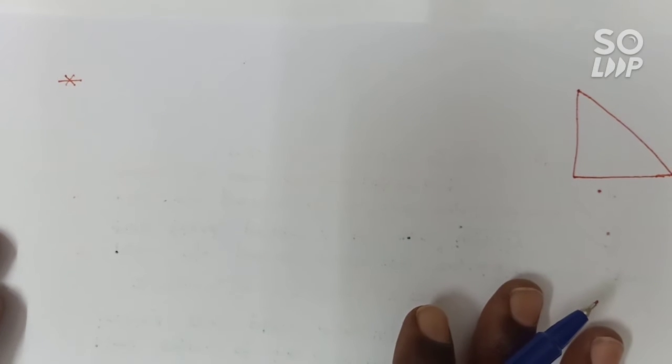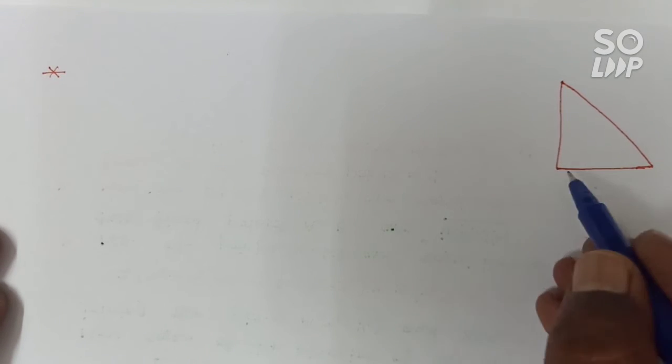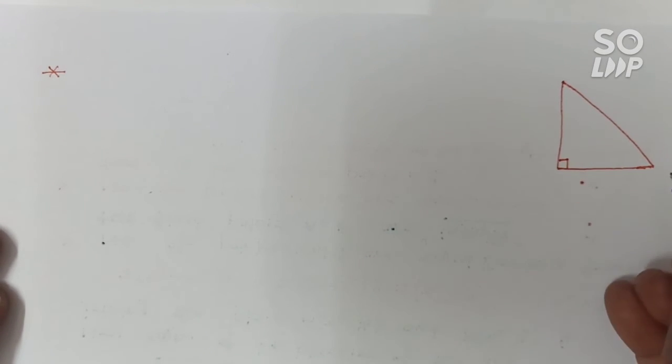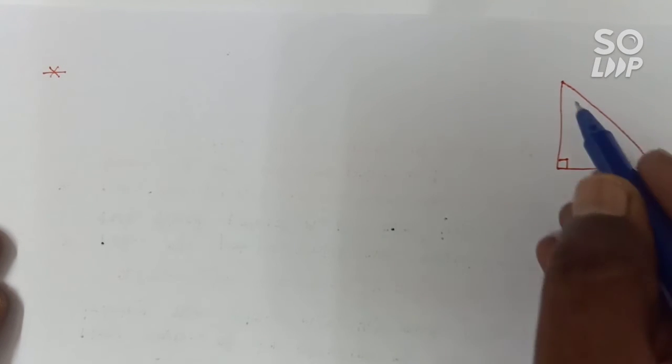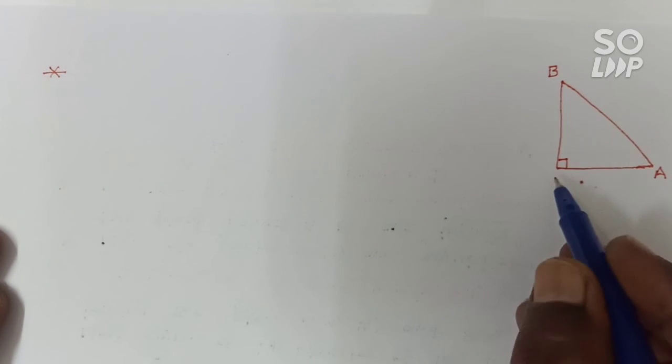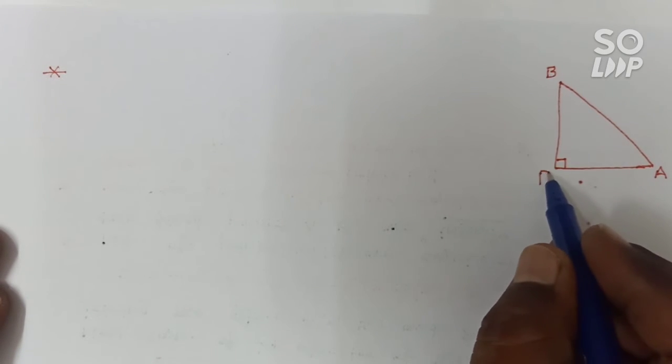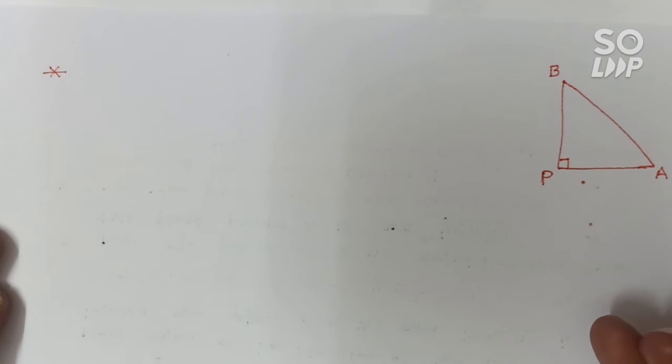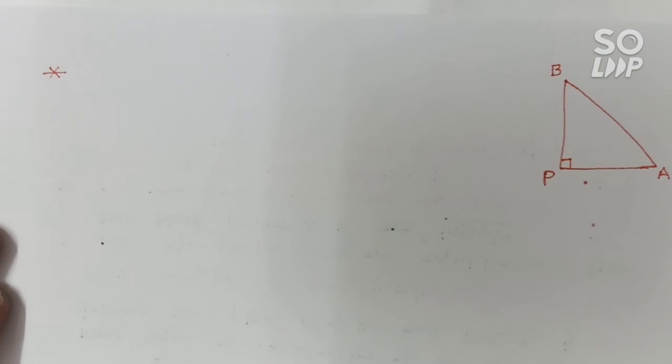If I give the ends of the hypotenuse, what are the ends of the hypotenuse? This one, AB, is the ends of the hypotenuse. This one is the third vertex. The third vertex is nothing but the right angled vertex.